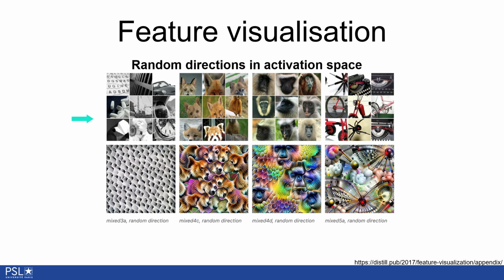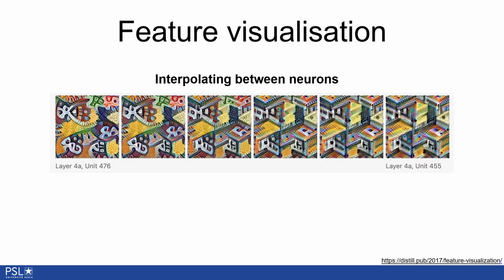As before, the top shows examples from the dataset and the bottom artificially generated images. Instead of choosing random directions, another approach is to look at a pair of neurons and then look at directions in the activation space that interpolate between them. This figure shows optimal stimuli for different interpolations between the two neurons.